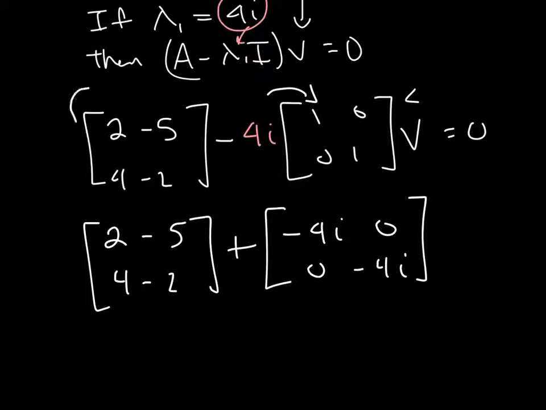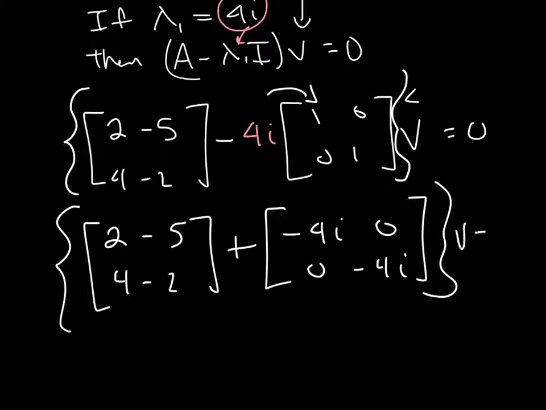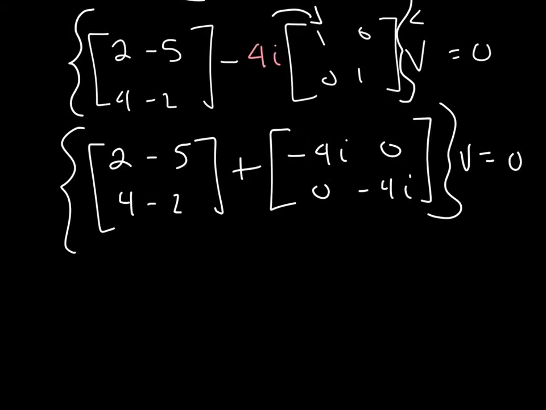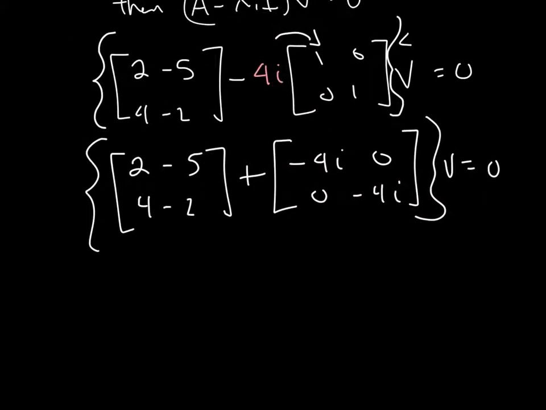I should be careful here. I should really have an extra set of parentheses. If you used the curvy parentheses, then this would be brackets, but since I used these rectangular brackets, I would use the brace after, just by convention. Okay, so we have this times v equals 0. Then we're just adding matrices.